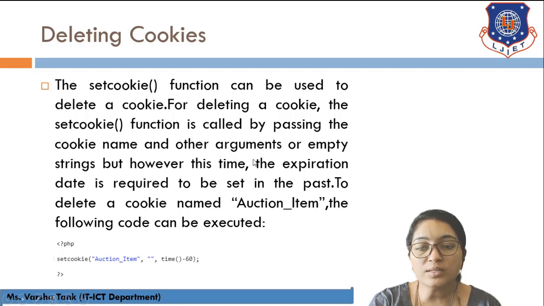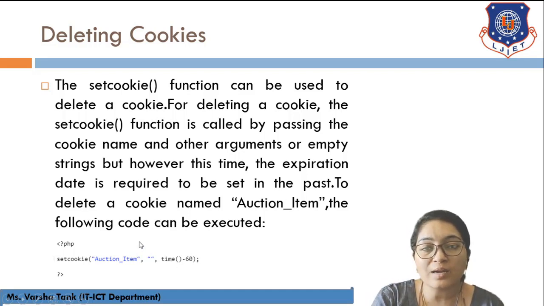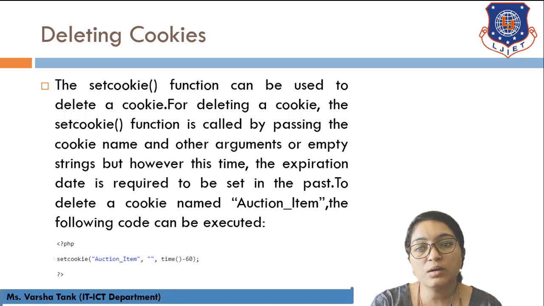However, this time the expiration date is required to be set in the past. You just have to write the expiration date in the past, 1 hour before. That means that cookie will be expired. So to unset the cookie, you have to write time minus 60. It will just invalidate the cookie.